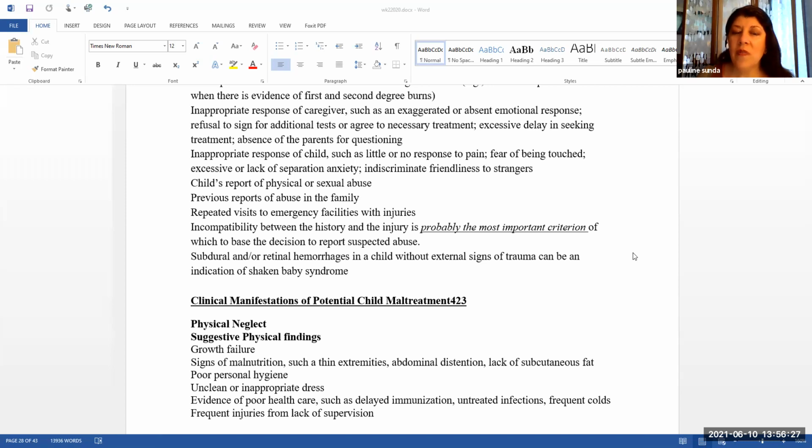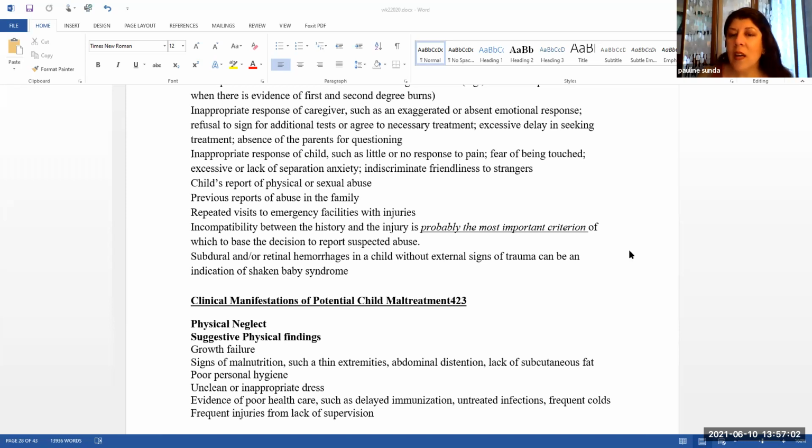Previous reports of abuse in the family, repeated visits to the emergency facilities with injuries, and probably the most important criteria on which to base a decision to report suspected abuse would be incompatibility between the history and the injury. Also, we've mentioned shaken baby syndrome: subdural and/or retinal hemorrhages in a child without external signs of trauma can be an indication of shaken baby syndrome.